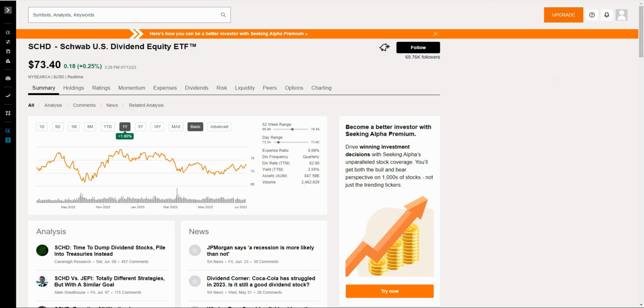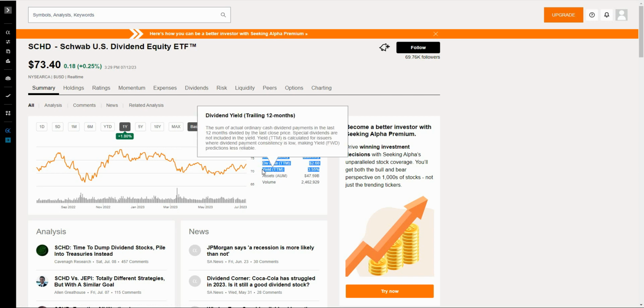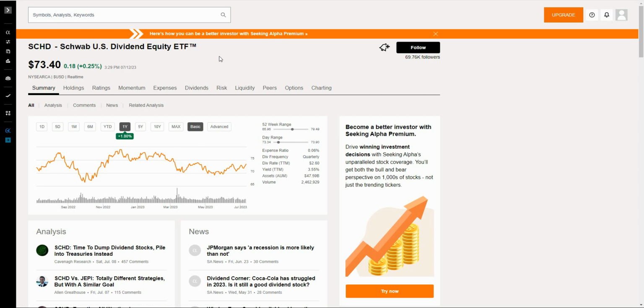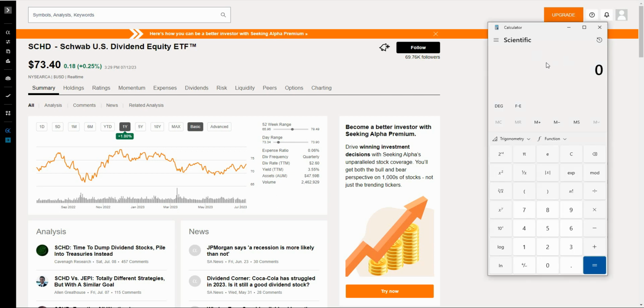So his yield on cost is probably one of the best there is, and that is probably what this user is speaking about. And when it comes to dividend yield, I think that a lot of investors are already aware of this concept. It's simply the yield that they're currently getting on the investment itself. So in this case, SCHD has a current yield of 3.55%. And it's a very easy number to calculate. You just take the current dividend rate, which is trailing 12 months, which was $2.60, and then you divide that by the current stock price, which is $73.40.